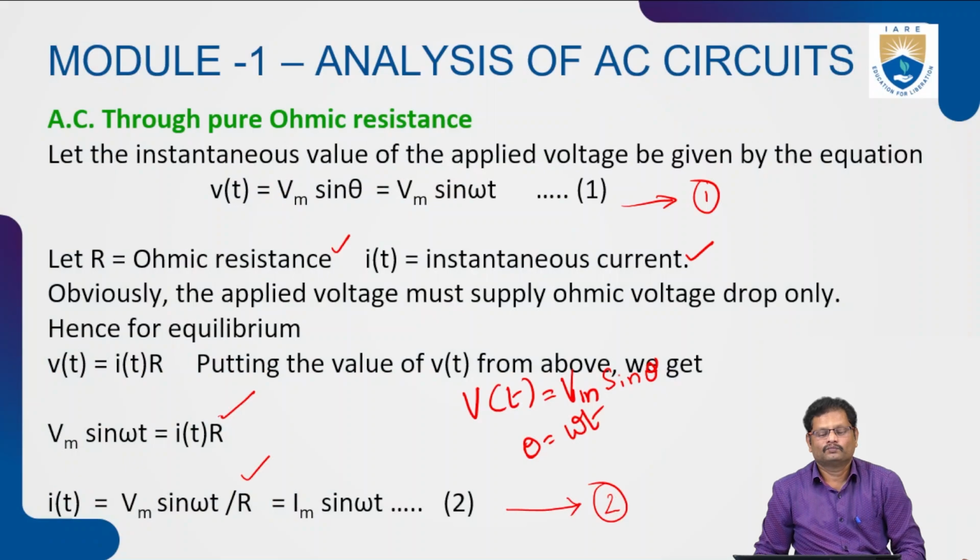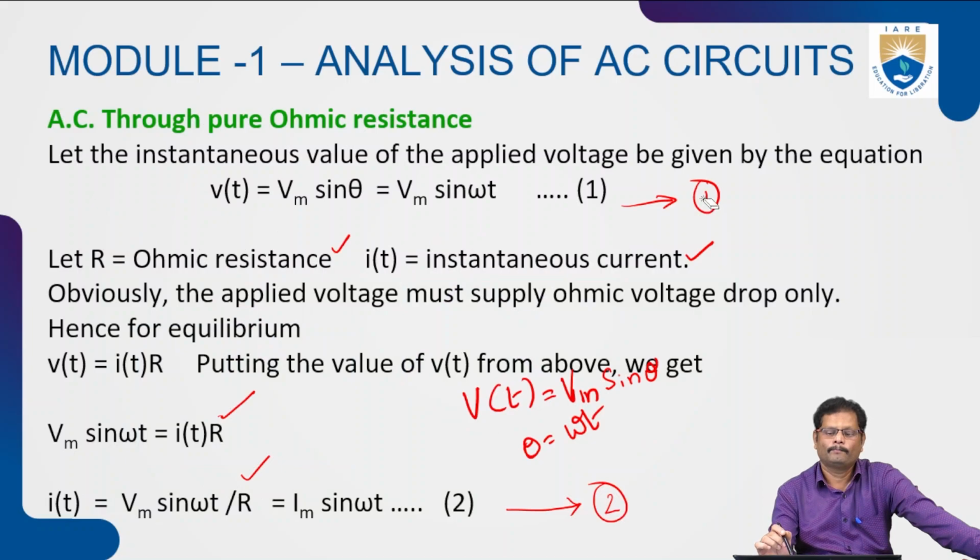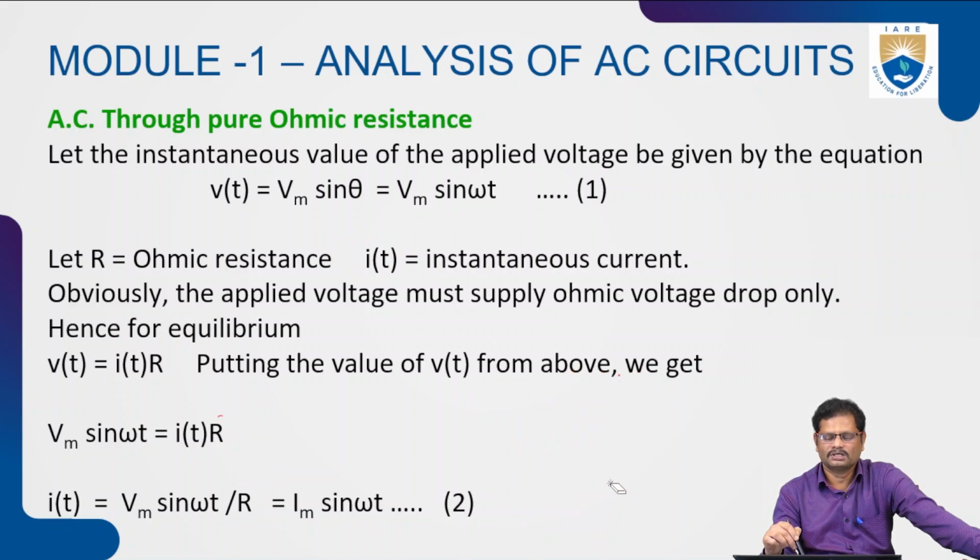So V equal to Vm sin omega t and I equal to Im sin omega t. In a pure resistor, these two are in the same phase, and there is no phase difference between the voltage and current.